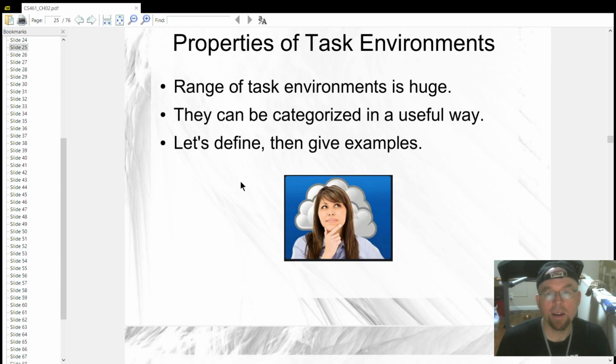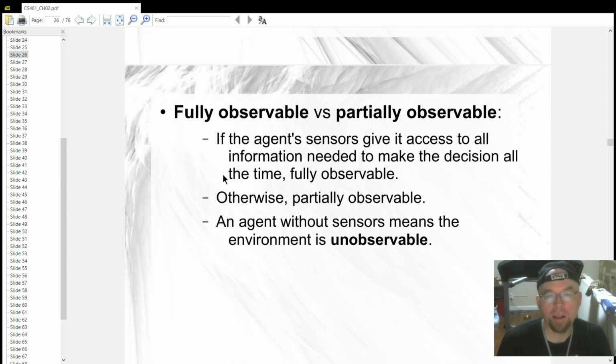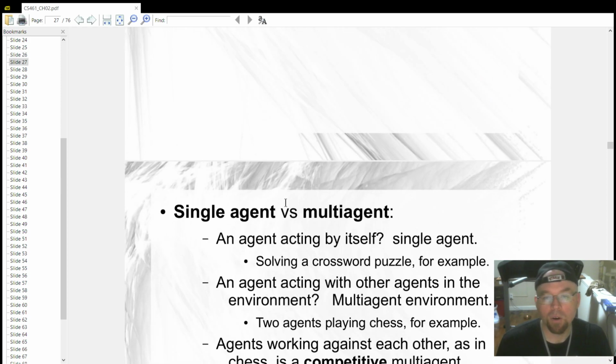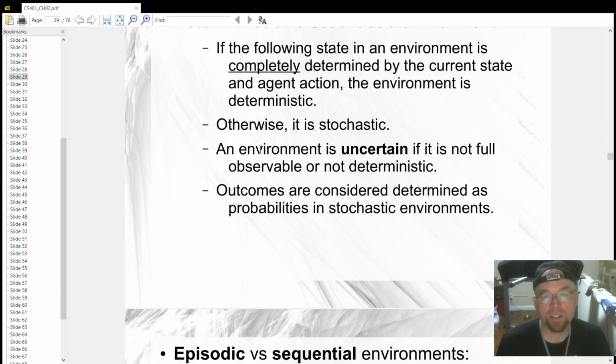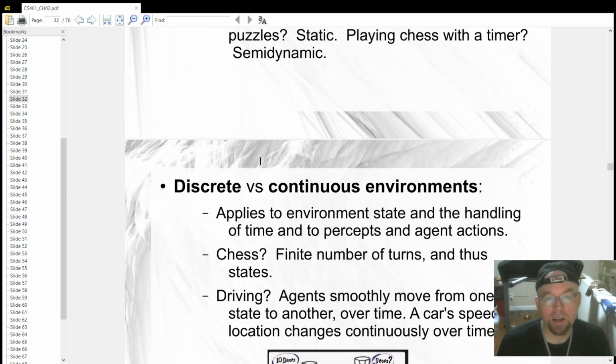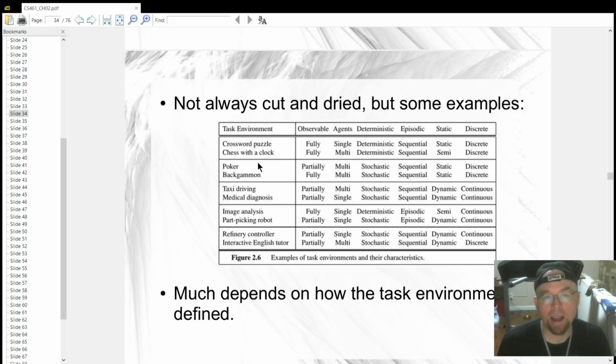And so then the properties of the task environments, you're describing the environment, and you're telling me, well, it's partially observable because, or it's a single agent because, it's stochastic because, and two different people might have different reasons for saying it's episodic or static, right?